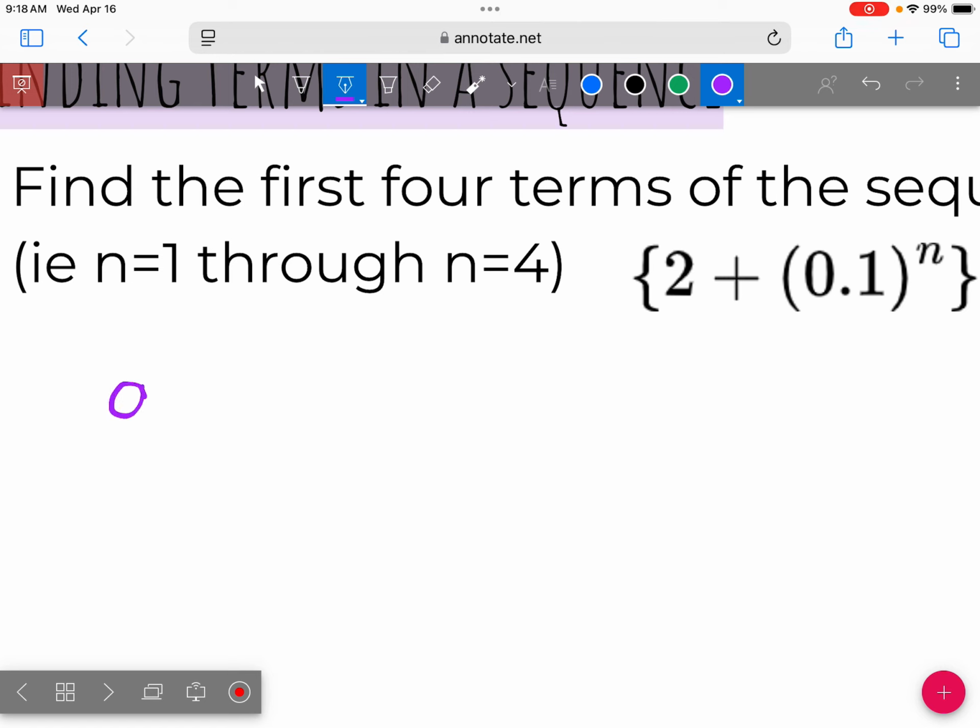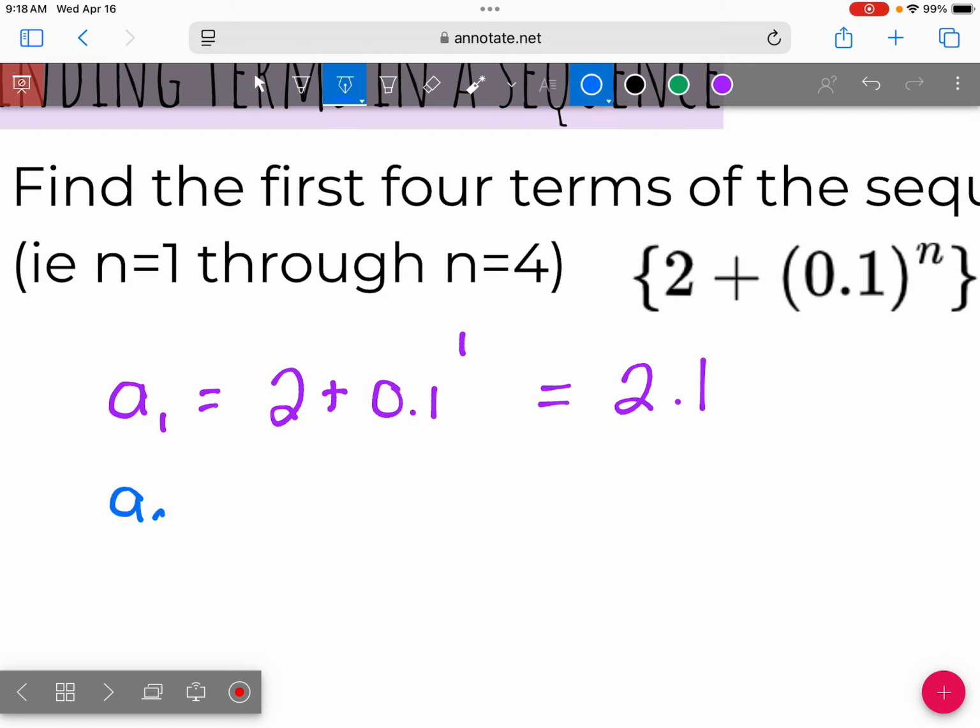For a sub 1, our very first term, n is 1. So we're going to have 2 plus 0.1 to the power of 1. So 2.1.